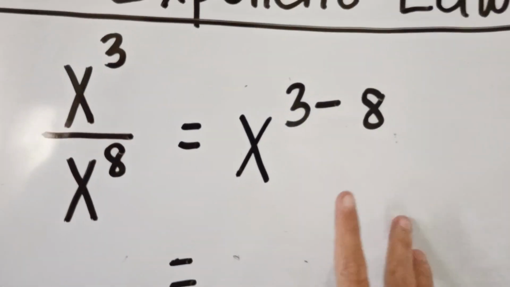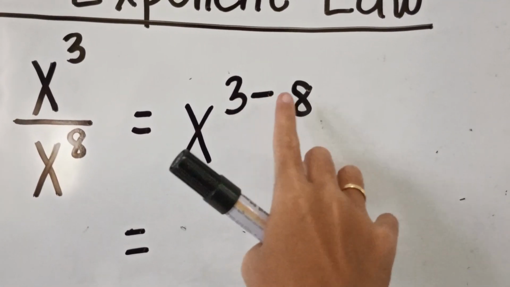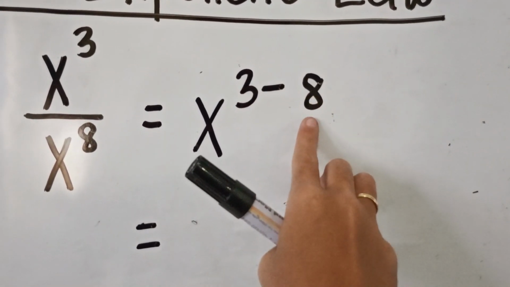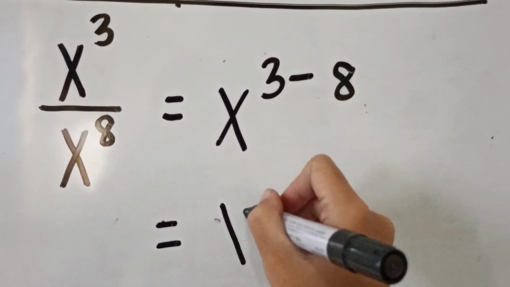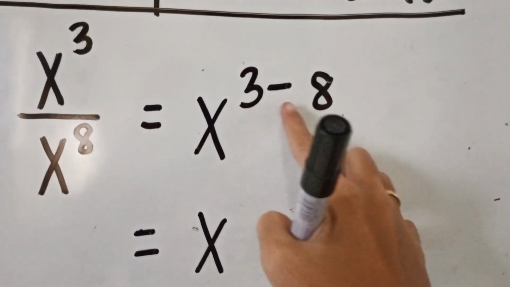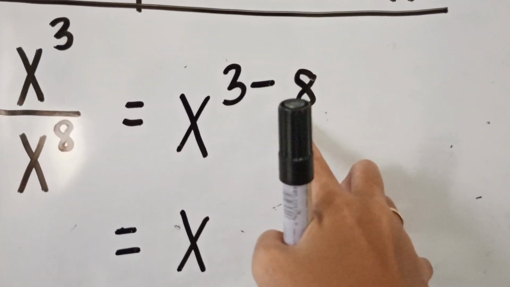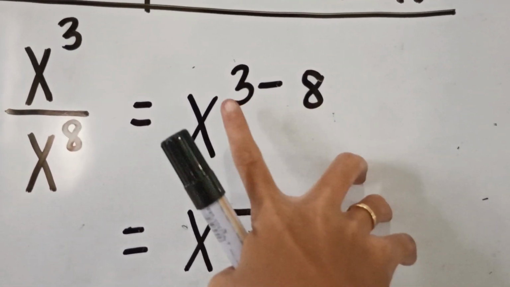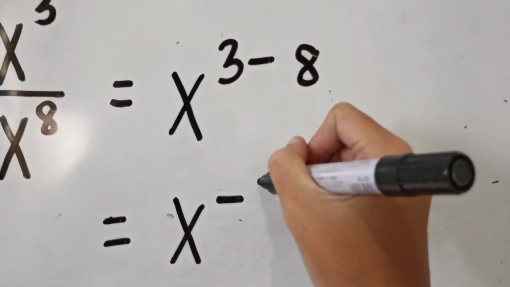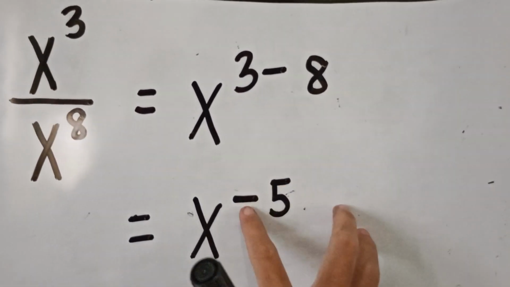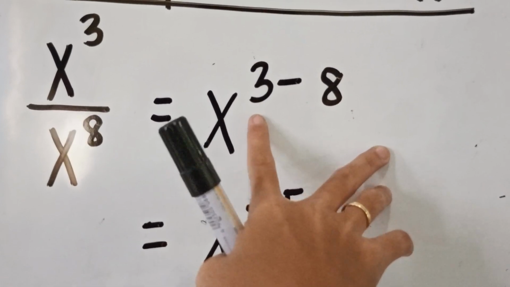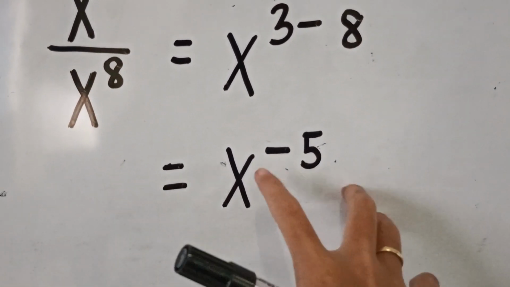Now, as you can see, we have here 3 minus 8. The minuend is less than the subtrahend. If the situation is like this, automatically the answer is negative. Alright? And then we're gonna do the other way around, 8 minus 3, that will give us 5. So we have here the answer, x raised to the power of negative 5.